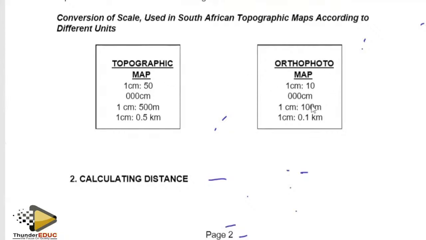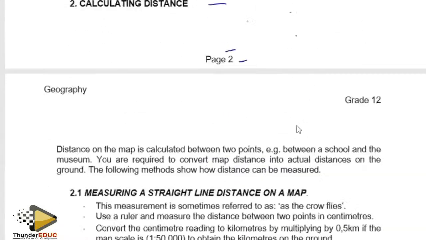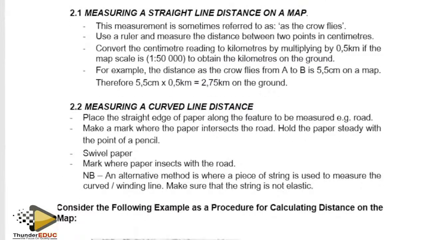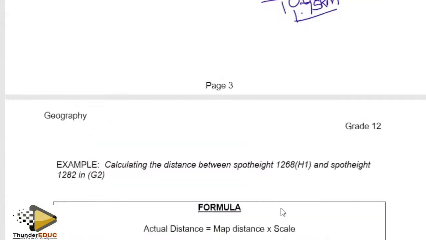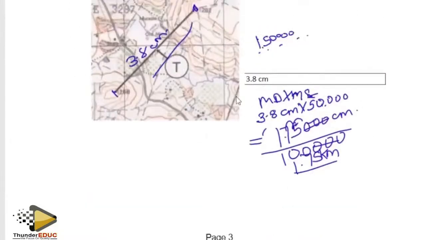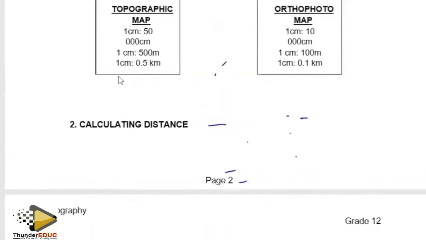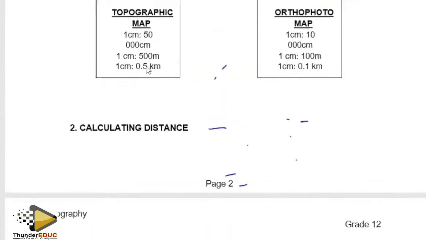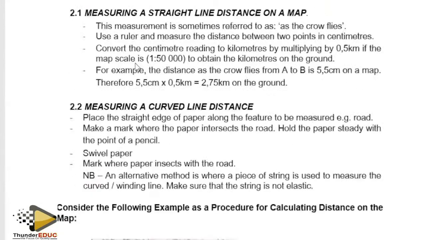If it's an orthophoto map, the same way, because the scale here is 1 to 10,000, in terms of meters, we're going to use 100. In terms of kilometers, we're going to use 0.1. So we come back here. And we say, this map we are using here is a topographic map. So when you check here, topographic map, if I want the answer in kilometers, what am I multiplying with? 0.5 kilometers.